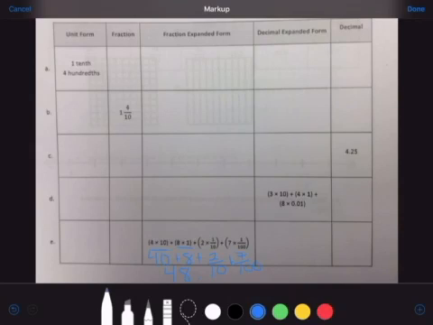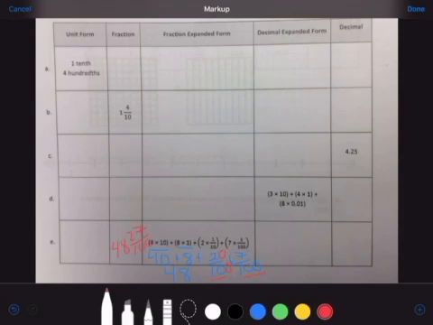To add the fractions, I have to make sure that my denominators are the same, which they are not. I have 100 here and 10 here. But if I multiply times 10 over 10, I could get 100 here with a 20 on top. And that's going to give me my fraction, which is 48 and 27 hundredths.